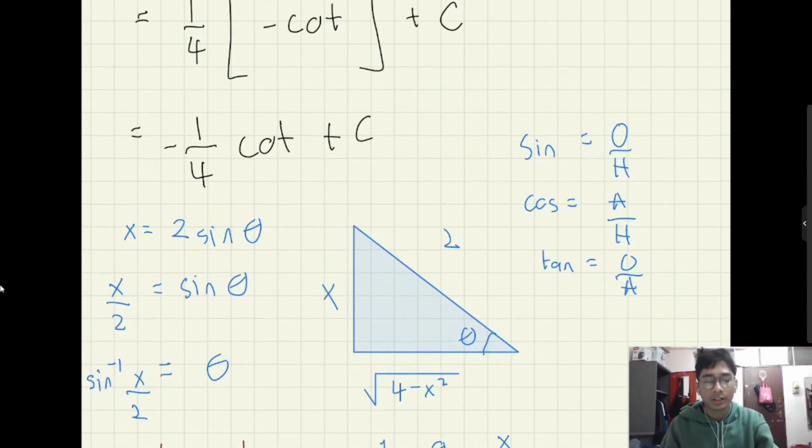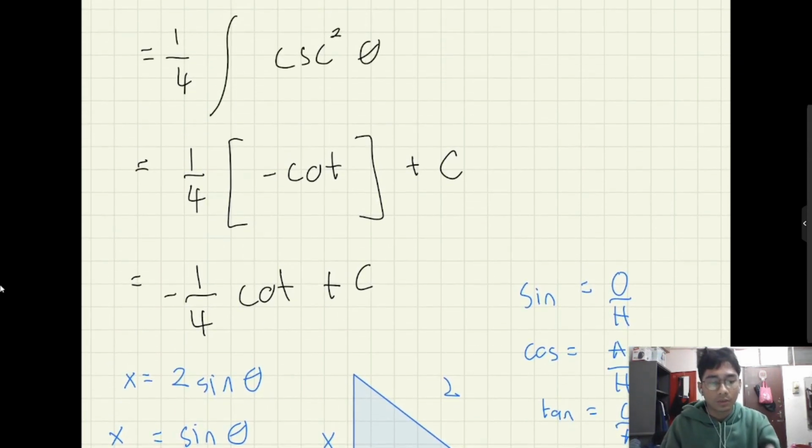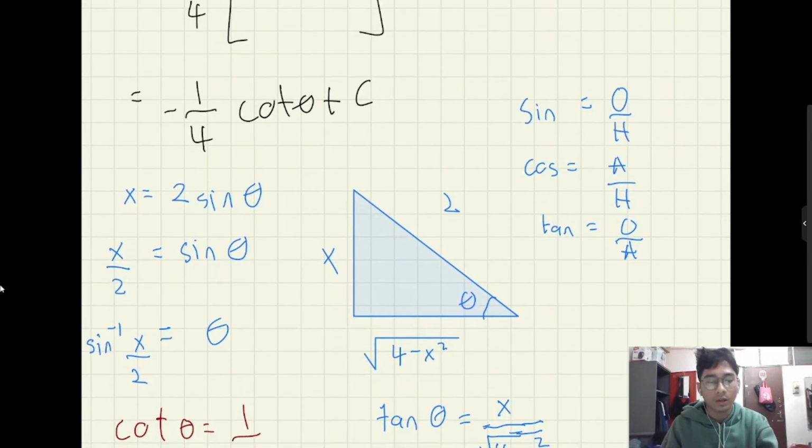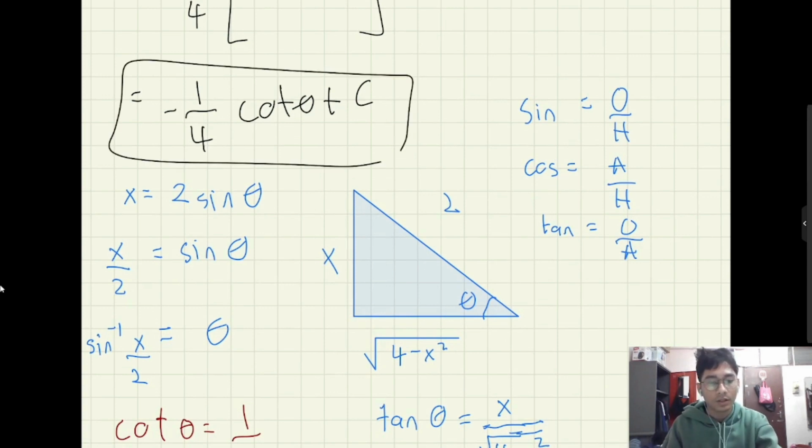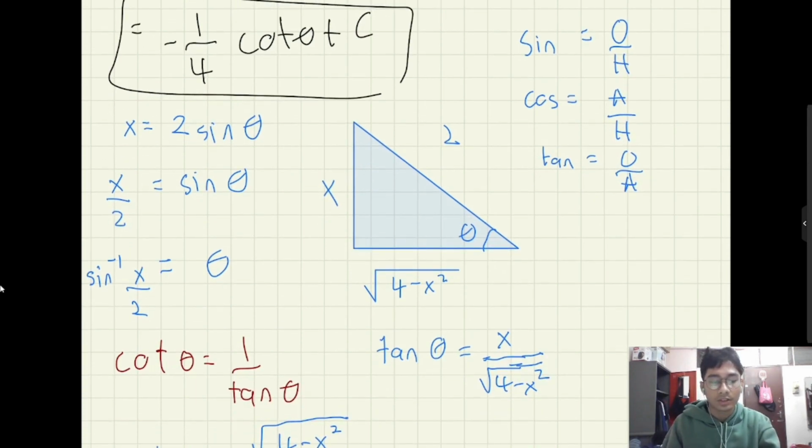Okay, to get the value of theta of this equation, since the given is x equal to 2 sin theta, we can use trigonometry and the Pythagorean theorem.